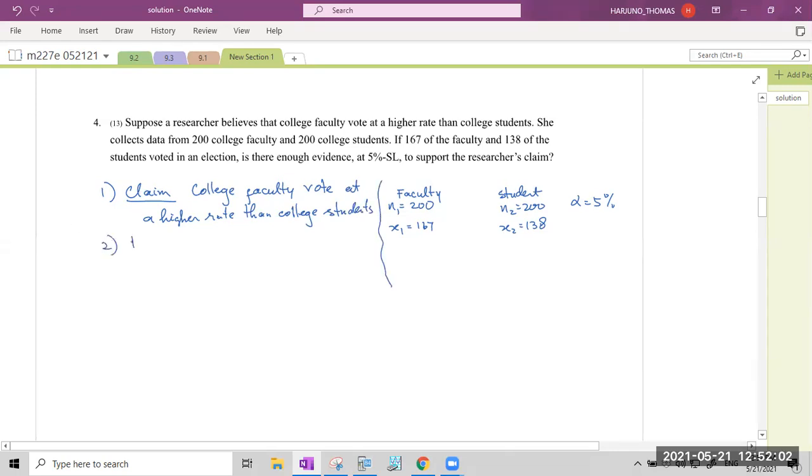Step 2, hypothesis. So alternate hypothesis, p1 is greater than p2. That's what the claim says, right? But I modified that so that I have a constant on one side.